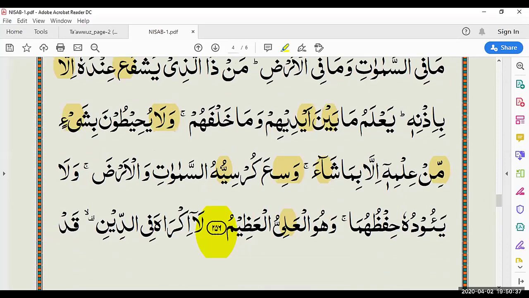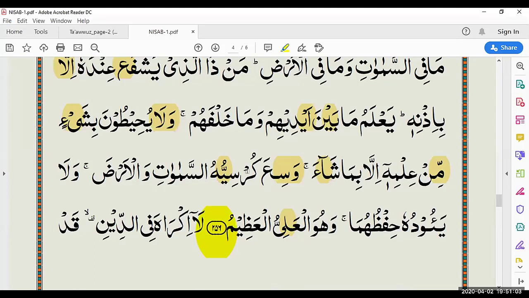What do we have on top of ya? What's the sign? Dhamma with tashdid. Excellent. Whenever we have tashdid, what do we do with that letter? We emphasize the letter.